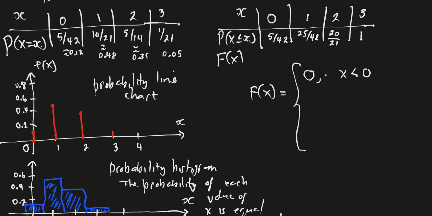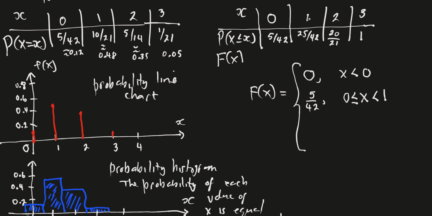Whenever x is between 0 and 1, including 0 but not including 1, it means that we've only accumulated 5 over 42 as our probability. So it's going to be 5 over 42, and that is whenever x is greater than or equal to 0 but strictly less than 1, right?